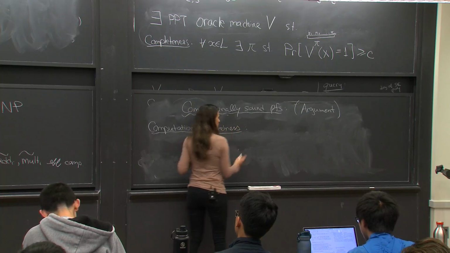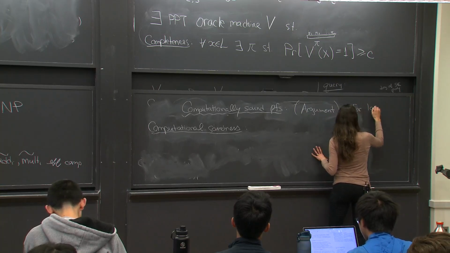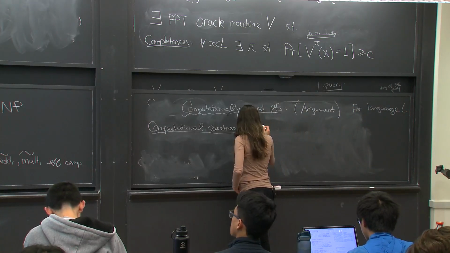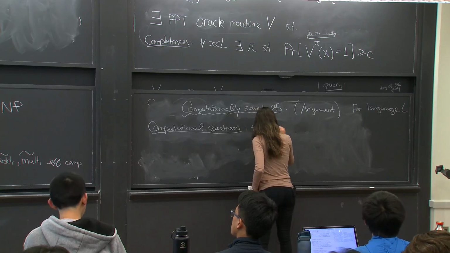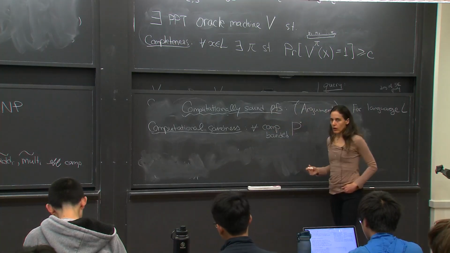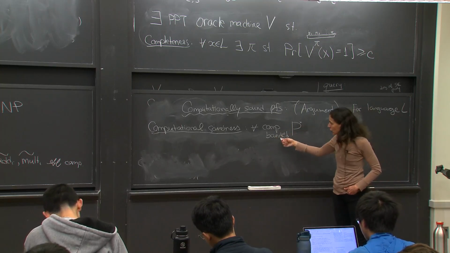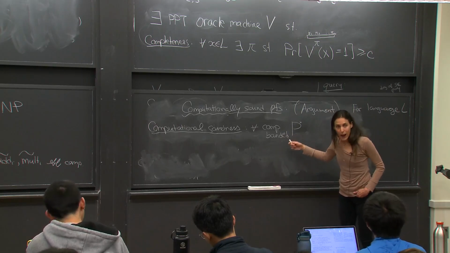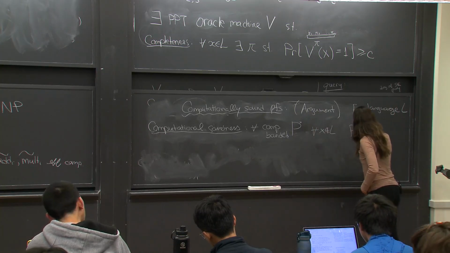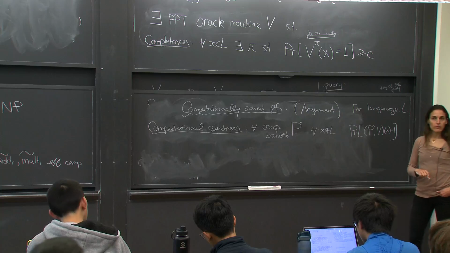And what it says is that, let's say for some language L, for any computationally bounded prover, only if the prover's resources are bounded, its runtime is bounded, and for every x not in the language, the probability that P star and V on x, that the verifier accepts, is small.